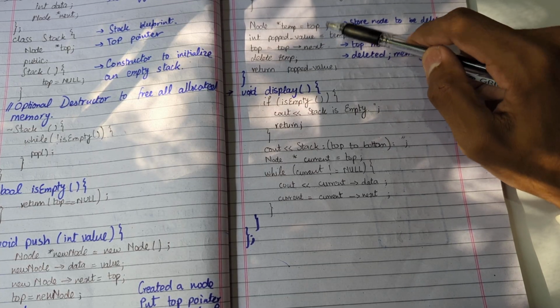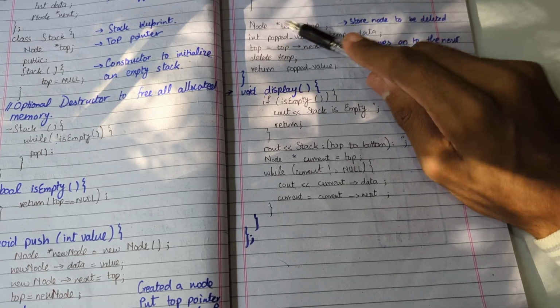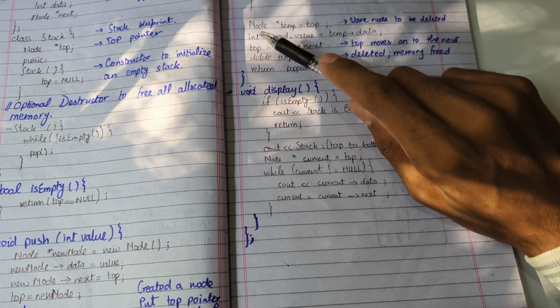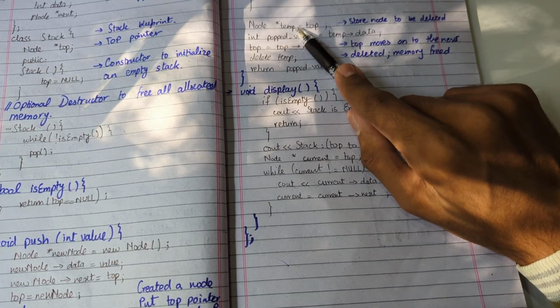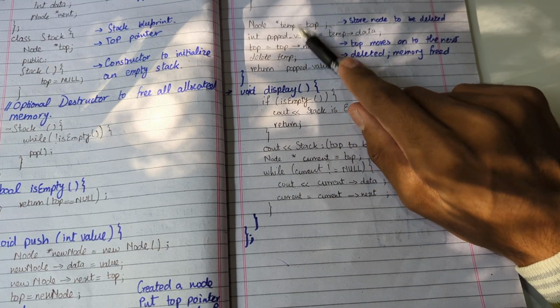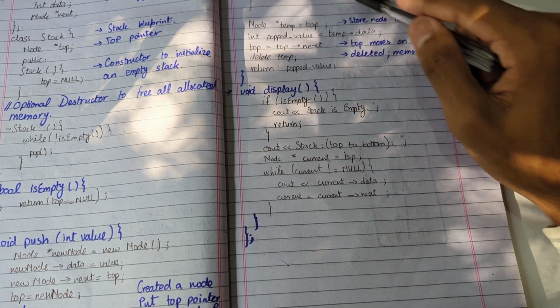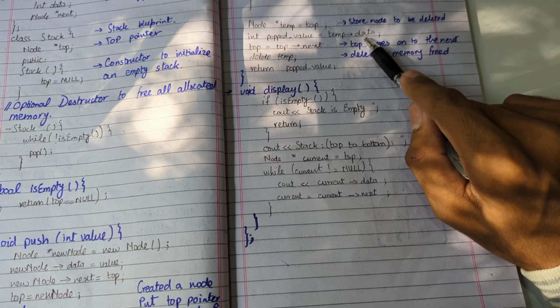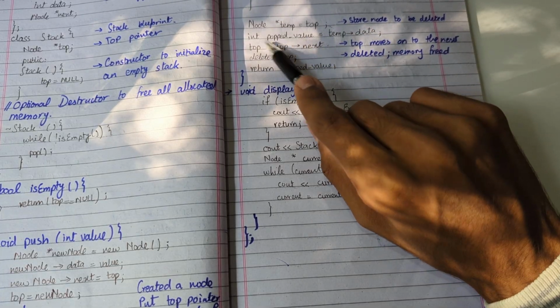So we're going to store the topmost element into a new temporary pointer, and then we're going to create a new variable, int popValue, equal to temp data. As the temp pointer has the top's data, the temp's data is going to be stored into popValue, the new variable.